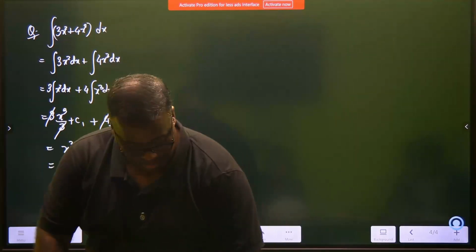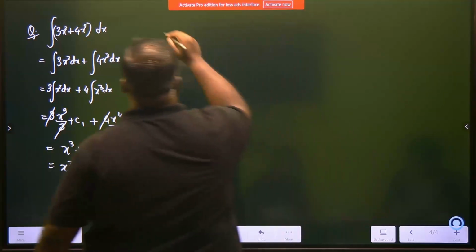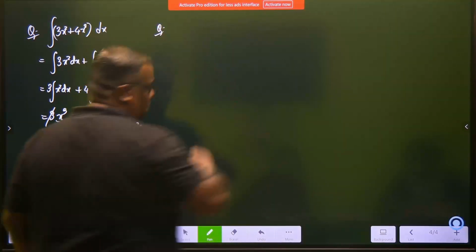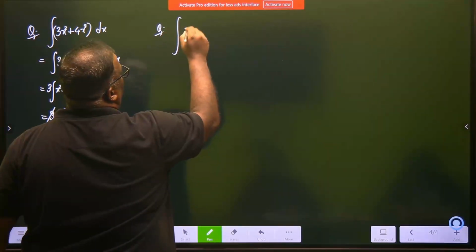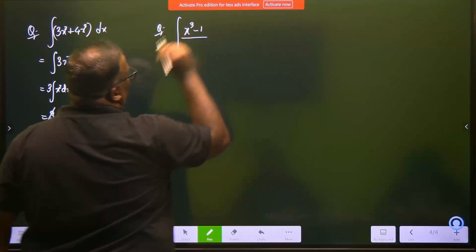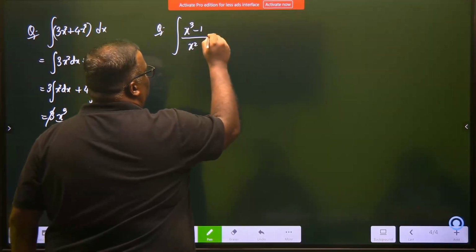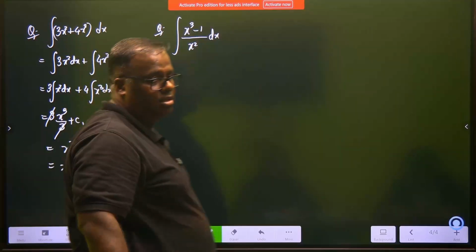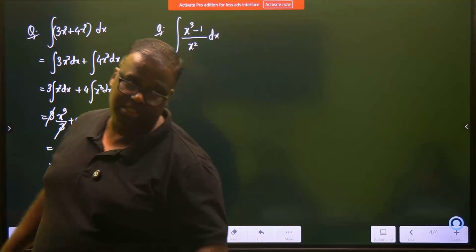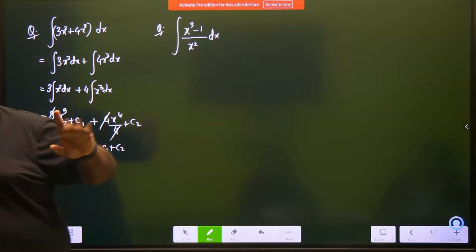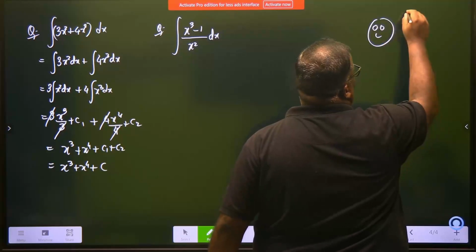Our problems actually start now. Let's do one more. Integral of x cubed minus 1 divided by x squared. How do I integrate this? What formula do I know? I know only two formulas.